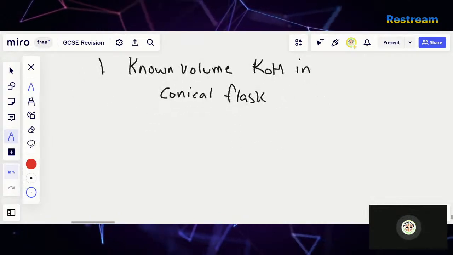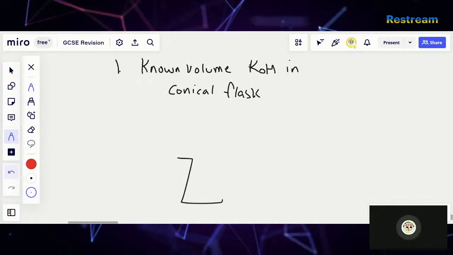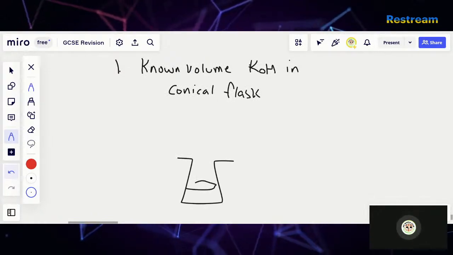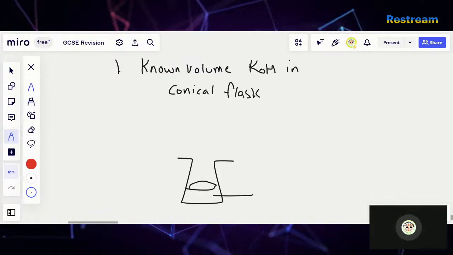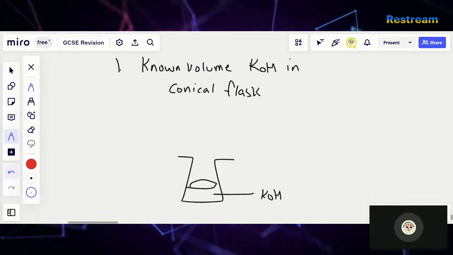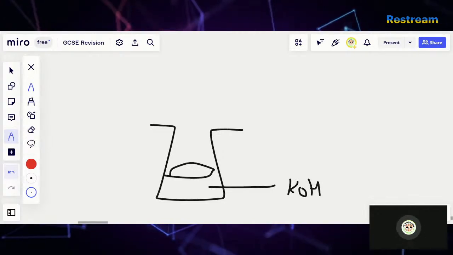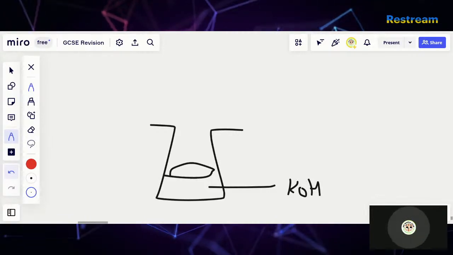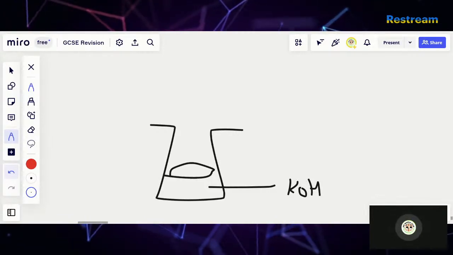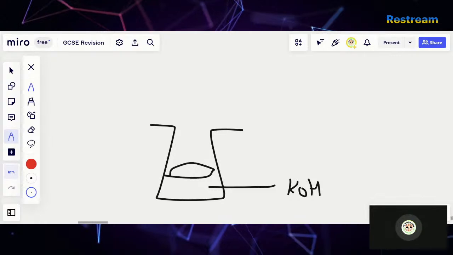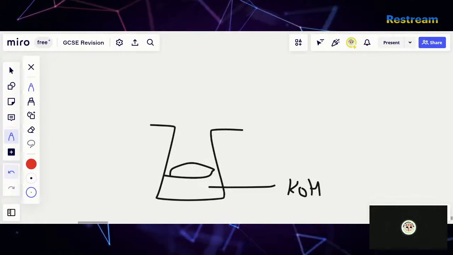I think it'll be best to draw this out. So we have the conical flask here, which is now full of a specific volume that you've recorded of potassium hydroxide. Okay, so now we have the potassium hydroxide. We're going to use a large pipette filler to extract hydrochloric acid and then put it into the burette.